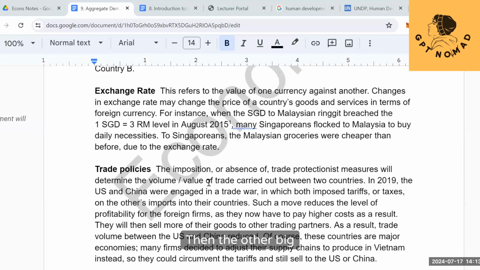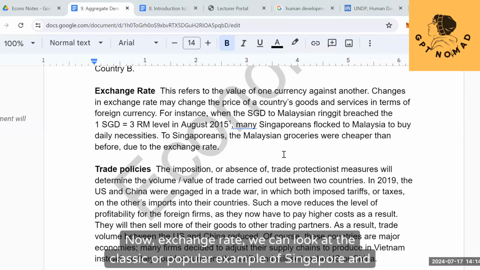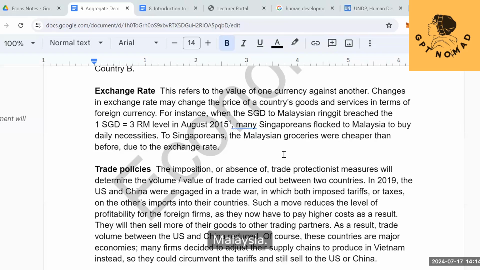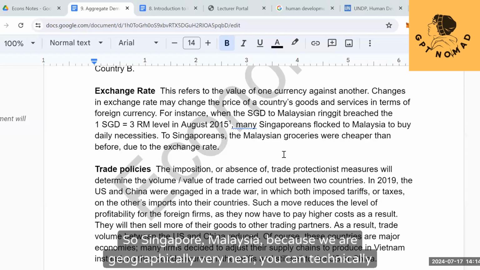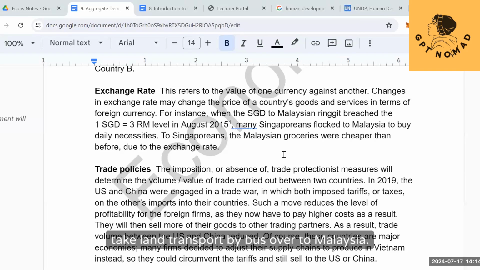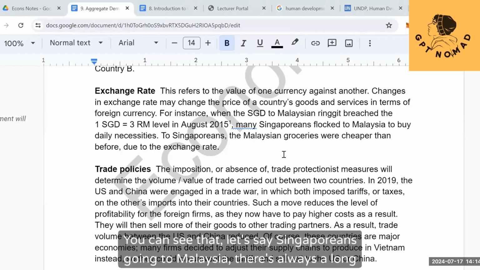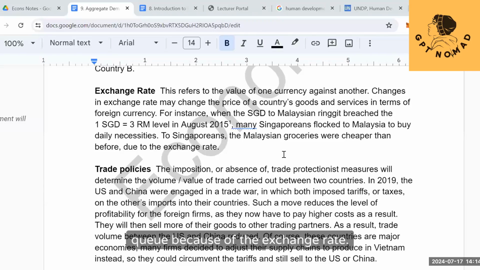Then the other big factor would be the exchange rate. We can look at the classic or popular example of Singapore and Malaysia. Because we are geographically very near, you can technically take land transport by bus over to Malaysia. You can see Singaporeans going to Malaysia, and there's always a long queue because of the exchange rate. 1 SGD right now is above 3 ringgit.